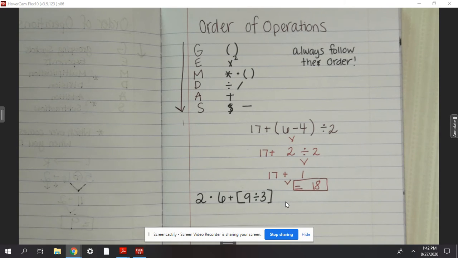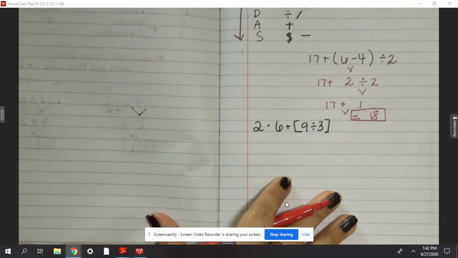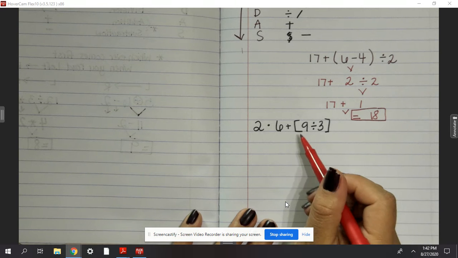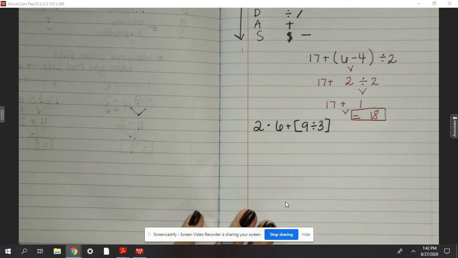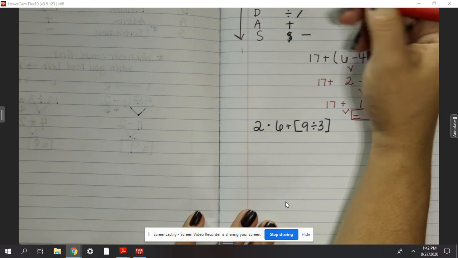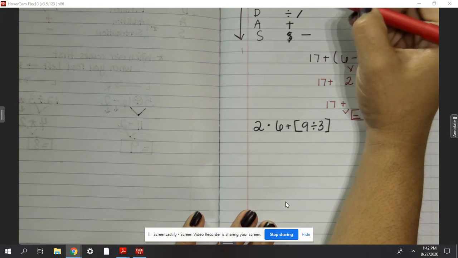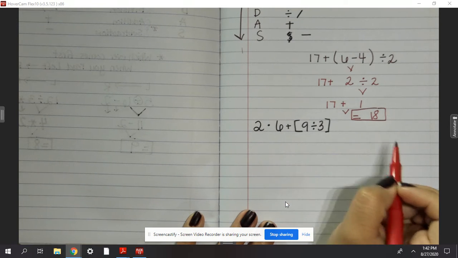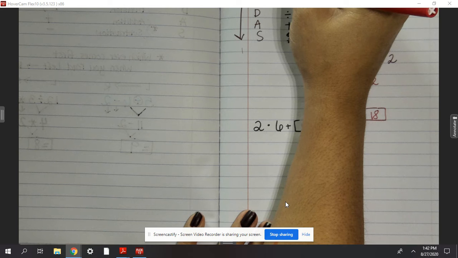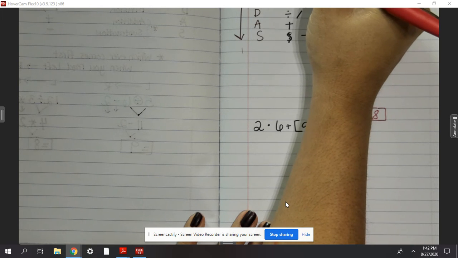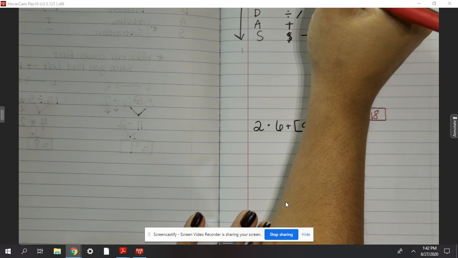Okay. So let's look at the next one. This time my grouping symbols are not parentheses, but they are little brackets. So I'm going to look at my order here. Since I have brackets, I'm going to do that first, right? Because in GEMDOS, the grouping symbols can be any brackets or braces.